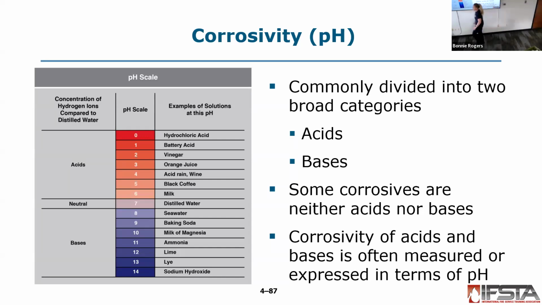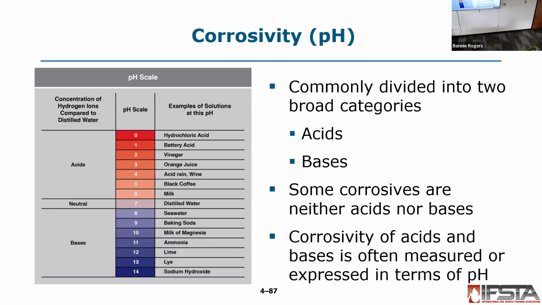When we talk about acids and bases, we talk in terms of pH. Do you know what the pH of the human body is? 7.35 to 7.45, which makes us basic. So I'm just saying I'm a basic girl.